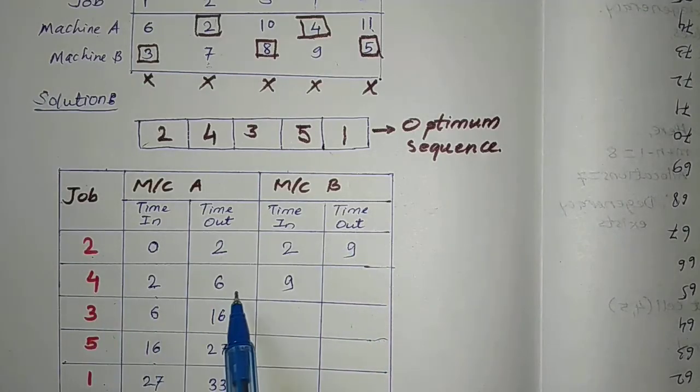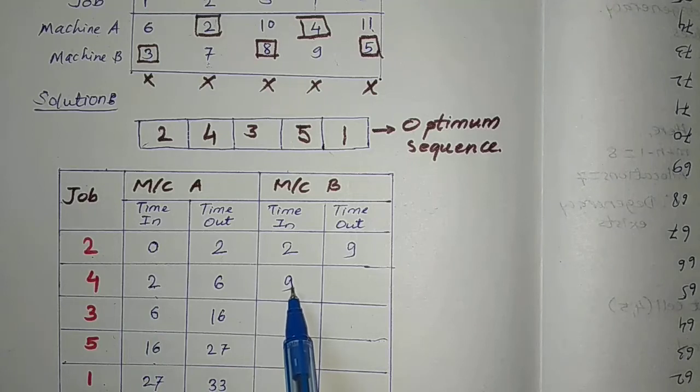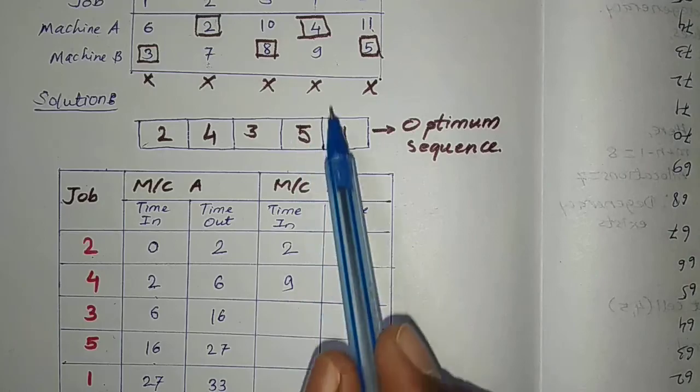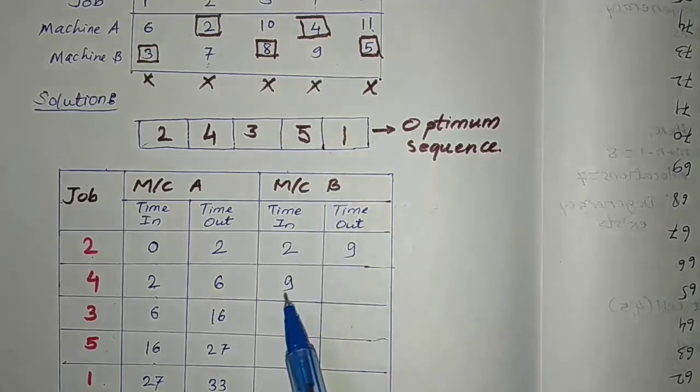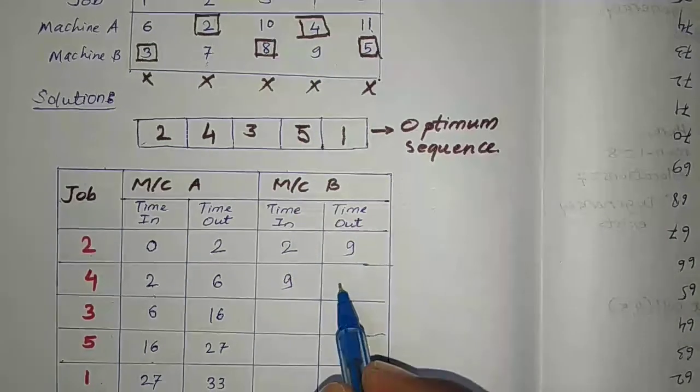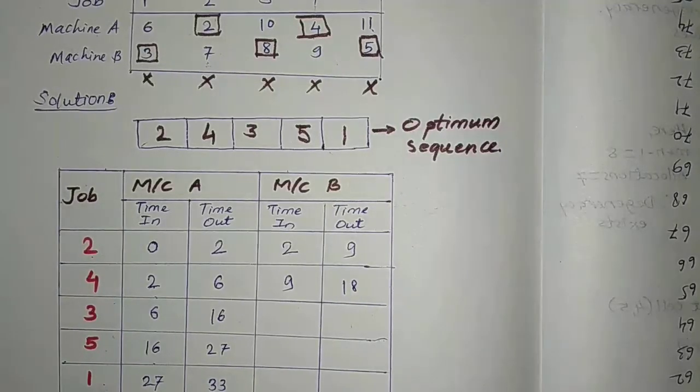So this job will wait for 3 hours to get processed on machine B. Now this is the in time for job number 4 on machine B. Therefore for job number 4, the out time on machine B will be its in time plus its processing time. So 9 plus 9, that is 18 hours.